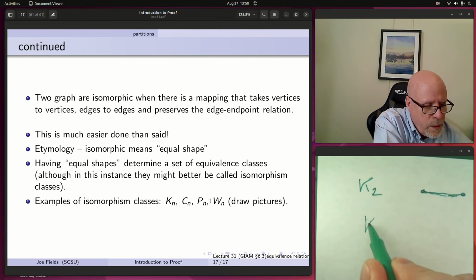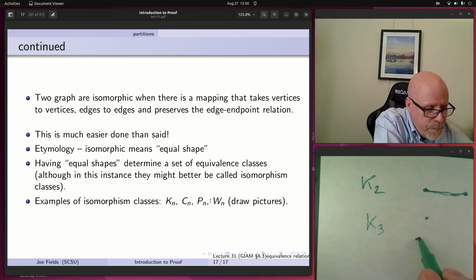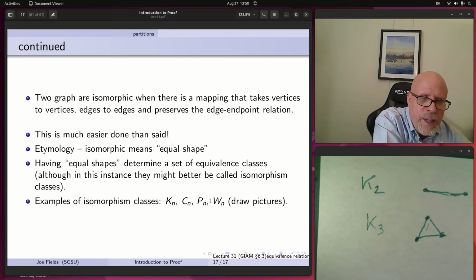So let's think about what K3 would look like. Well, that's going to have three nodes. And as I said, every edge that could be there is there. Now, I said that in a strange way because it's not quite true, right? If I wanted to, I could throw more and more edges in here. I could put a whole bunch of parallel edges into this graph, and that's fine.